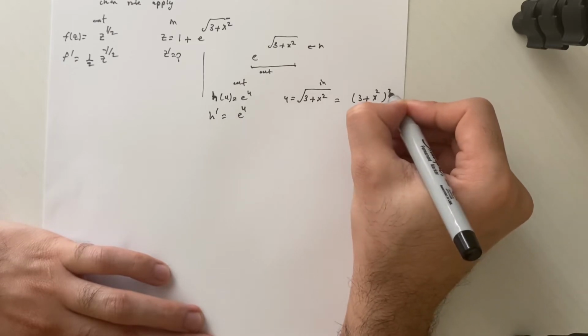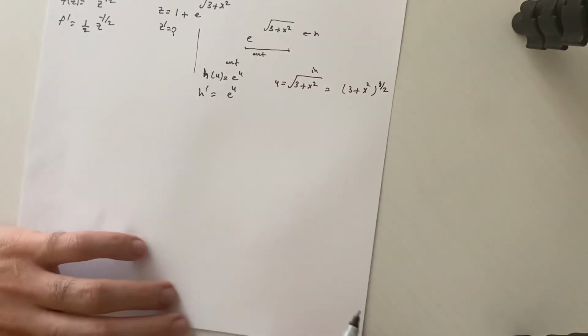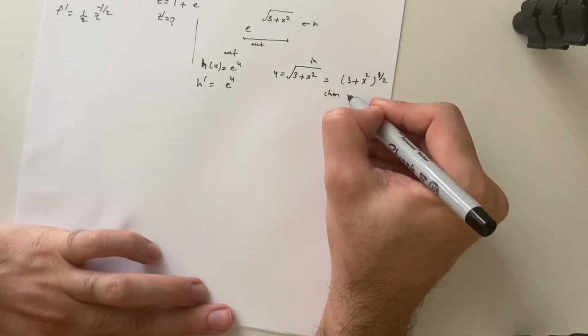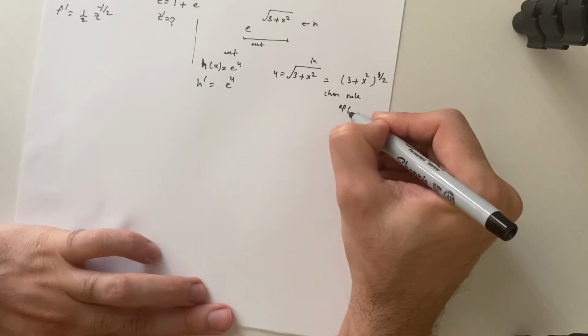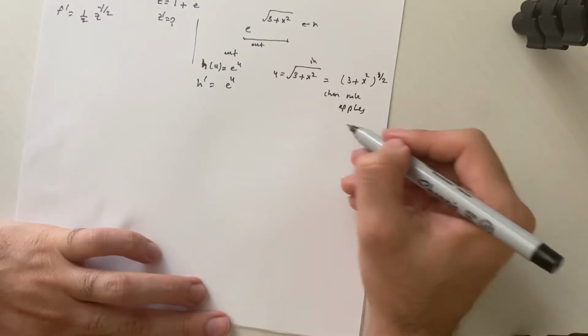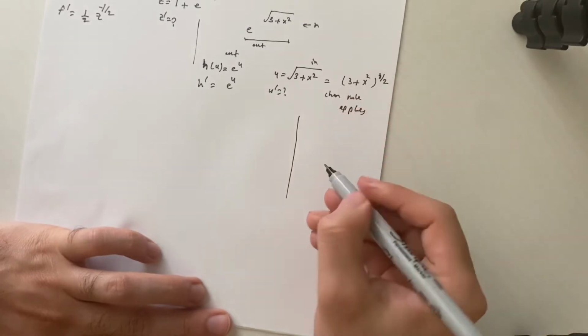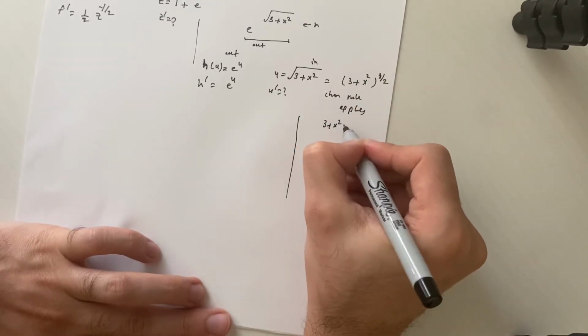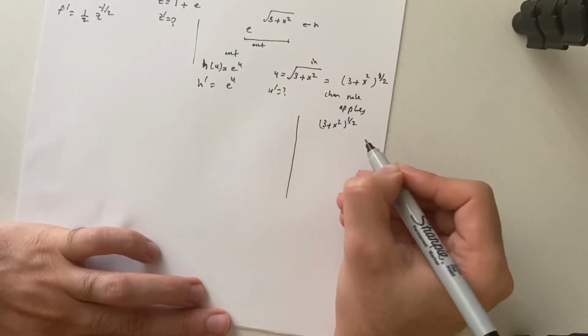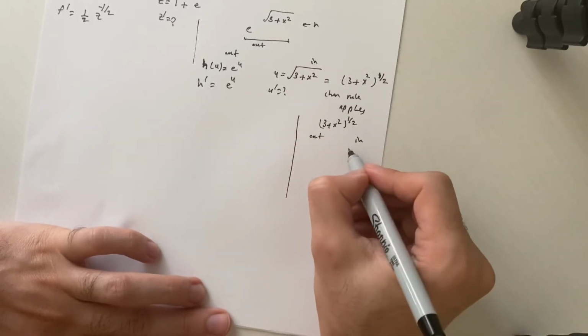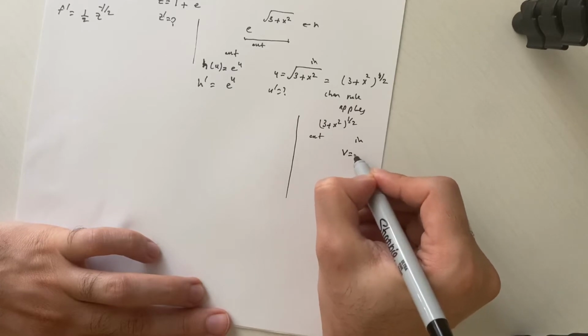But we notice here, we need to use the chain rule to find the derivative. So we have to determine what's the inside function and what is the outside function. So again, the outside will be the whole term, the inside will be what's in the parentheses.